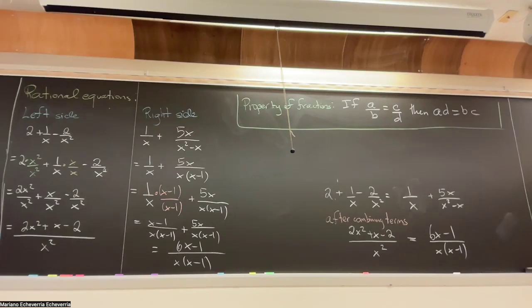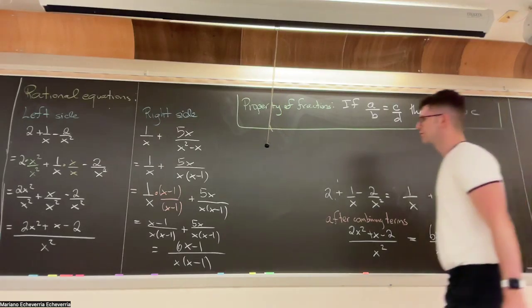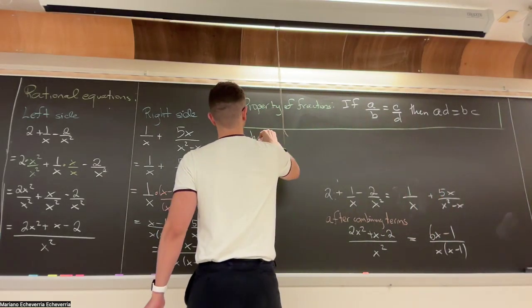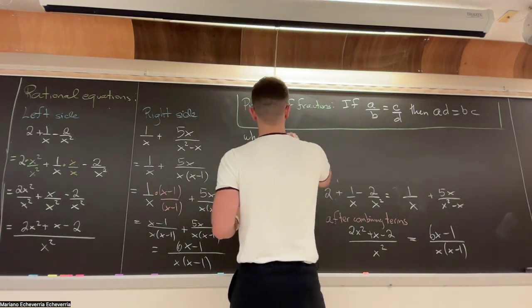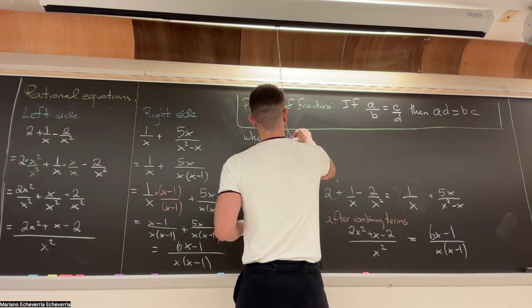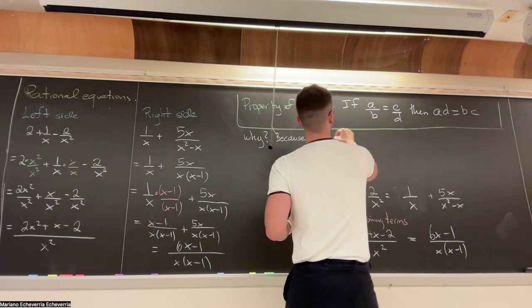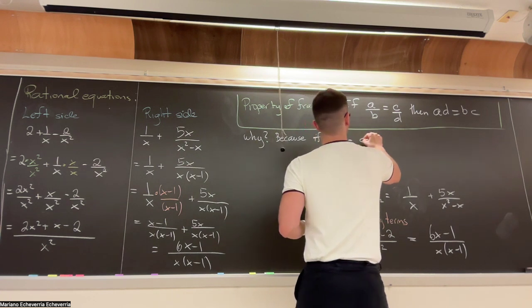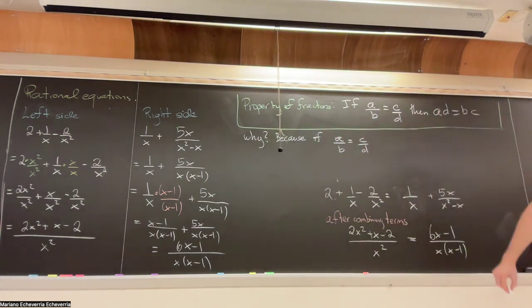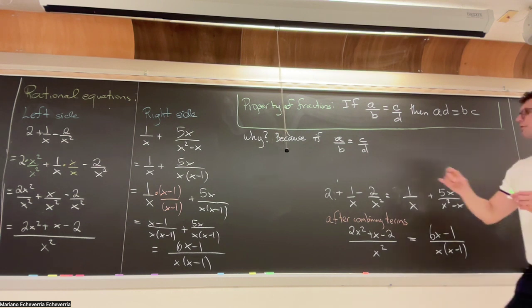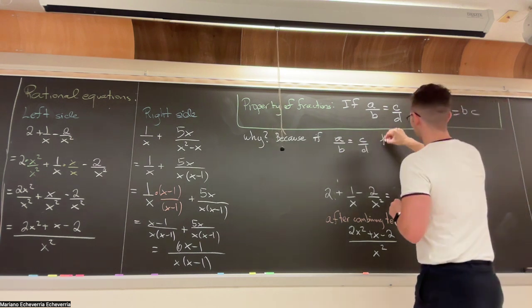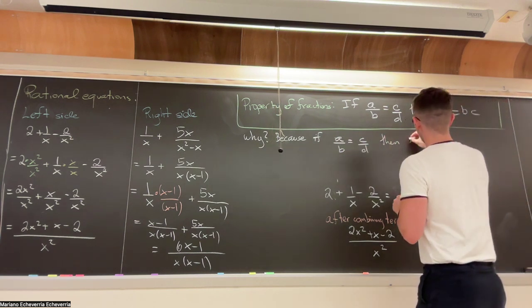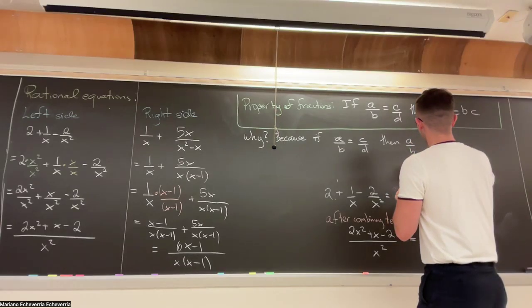So why is that true? How can you remove the denominators? Say, for example, you multiply the equation by b, and a over b times b.